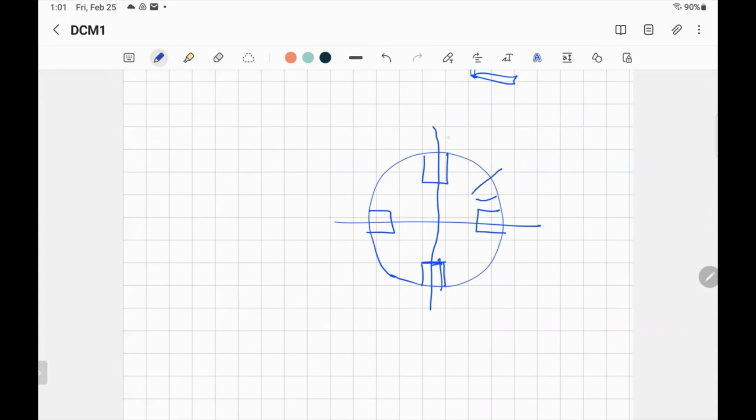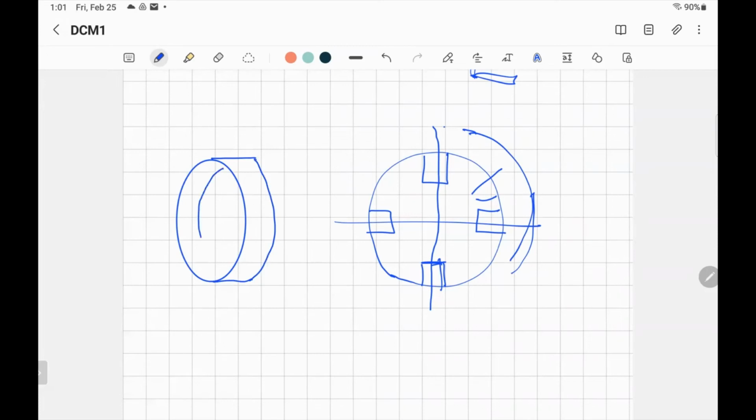In any case, each pole has a thickness or a width. This is the region that is the area of the pole.